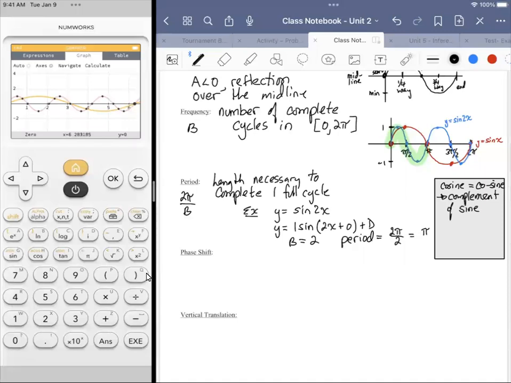And what that means is that if we shift the sine function pi over 2 or 90 degrees, depending on what mode you're in, you would get a cosine function. So this is a pi over 2 shift of the sine function.